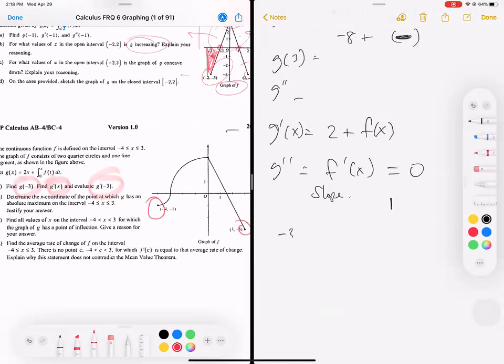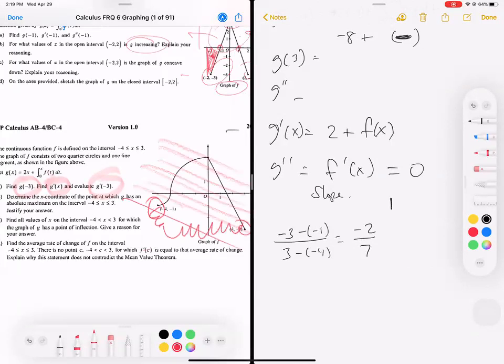So we say -3 minus -1 over 3 minus -4. The average rate of change is -2 over 7. Let's see, if I went down 2 and I ran 1, 2, 3, 4, 5, 6, 7. Yeah, that's the slope. Now, if we look at the graph, do you see any values here that would have the same slope?